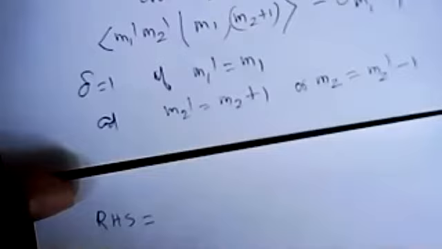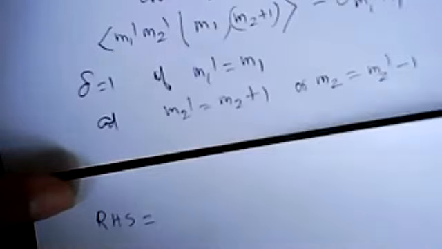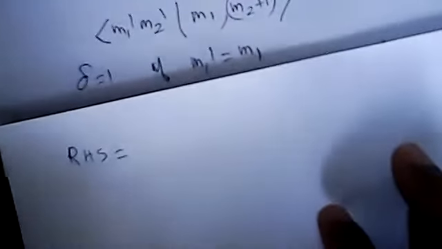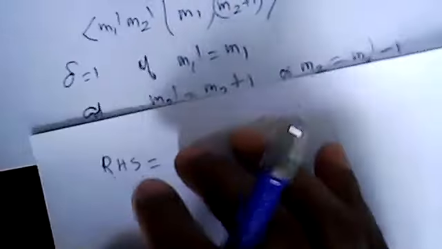The LHS we didn't touch, it remains as it is. Now the RHS is sum over m1 m2.